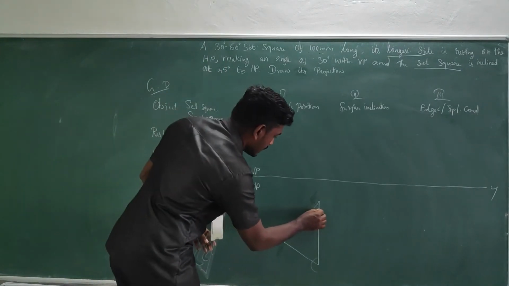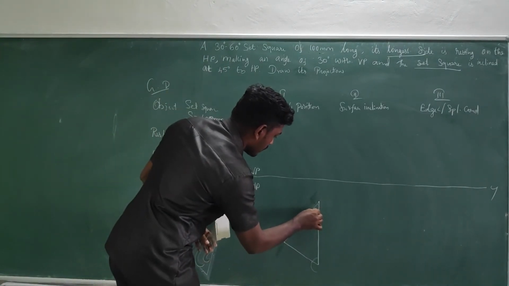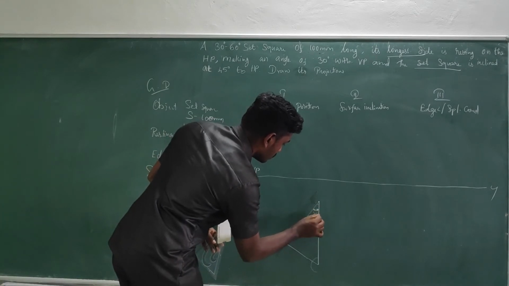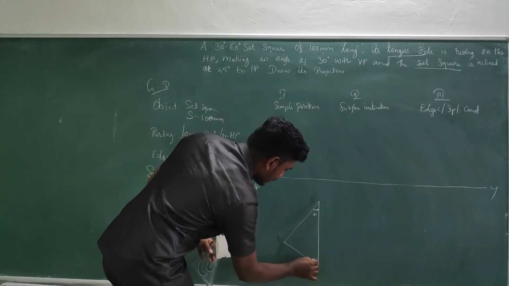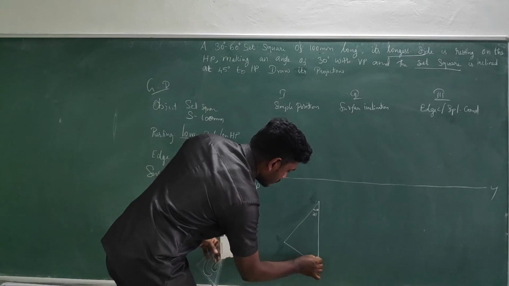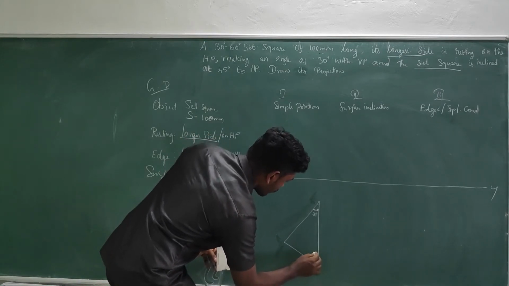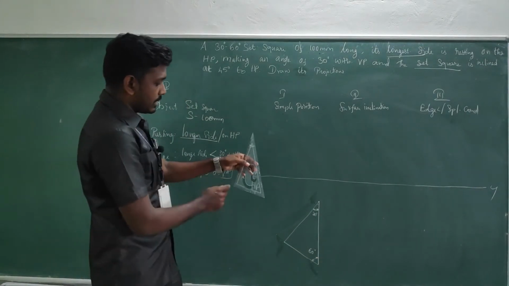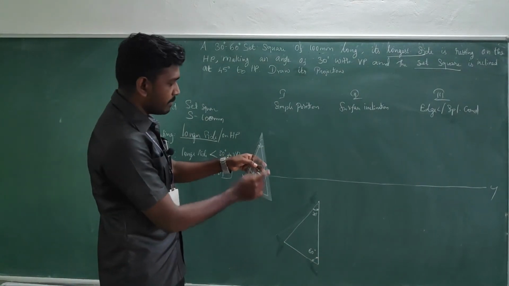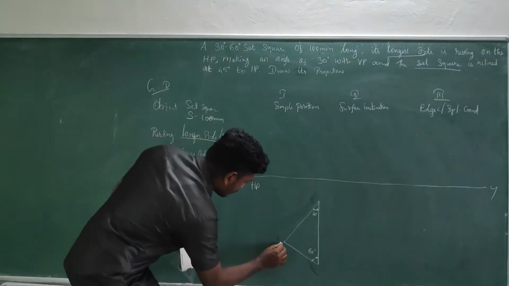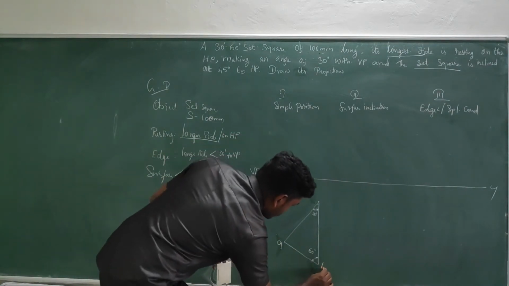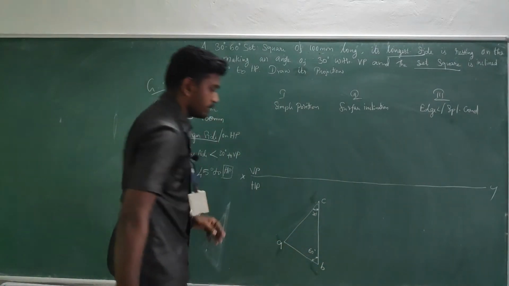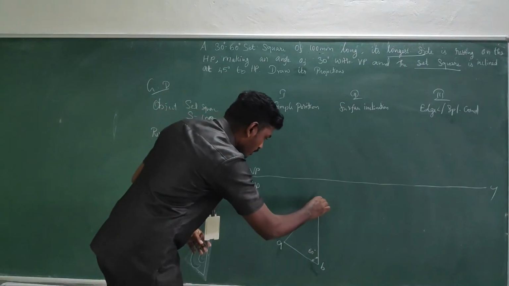So this is with the 30, and this line is with the 60 degree. And I can take this as A, this as B, and this as C. So this is the way you go for a dark line.